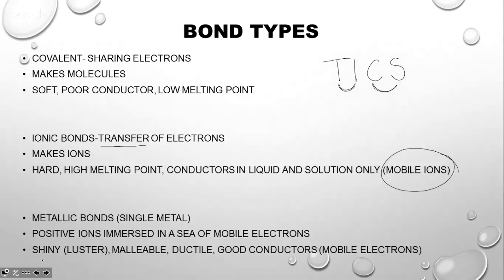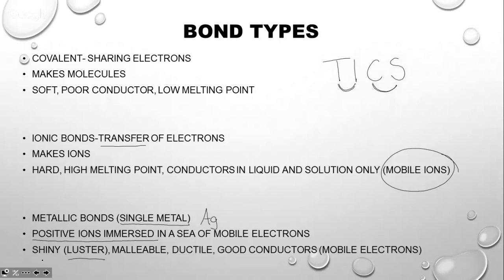Metallic substances have metallic bonding. It would just be a single metal, like just the symbol Ag. They're usually solids, except for mercury, which is a liquid, and metallic substances are considered to be positive ions immersed in a sea of mobile electrons. They have such a weak hold on their valence electrons that the electrons are able to move freely for the most part throughout the sample. Metals are shiny, which means they have luster.